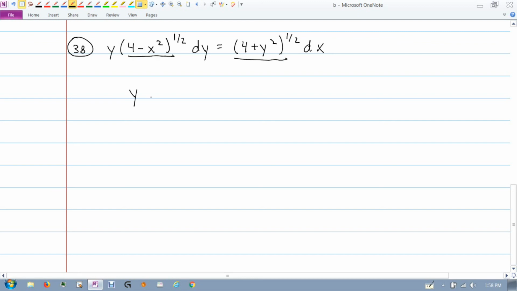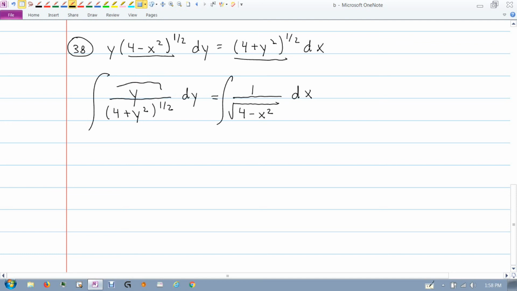So y over 4 plus y squared to the half dy equals, let's see, all I'm going to have there is 1 over, and then I'm going to do this a little different. I'm going to rewrite that instead of the 1/2, I'm going to put 4 minus x squared like that, dx. And for this one here, oh, let's integrate.